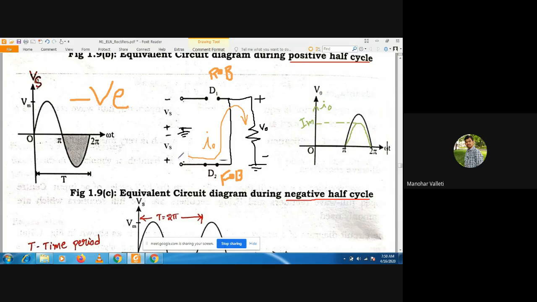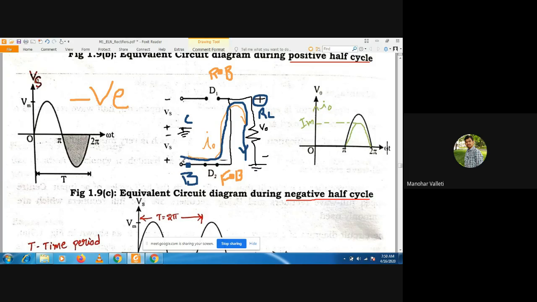Starting always from plus, Vs plus is here, so the current will flow as I am showing here, start from point B, reach the load, and again reach point C. Please observe, now the current is entering at the plus of the output voltage.